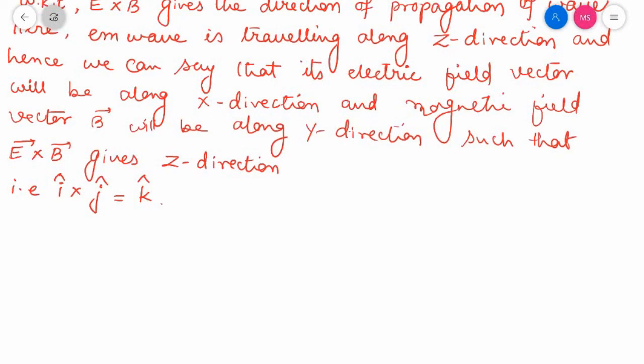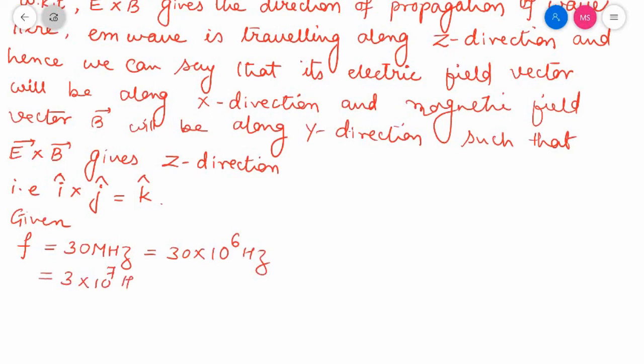Also, in this example, it is given that frequency of wave is 30 megahertz. So that is 30 into 10 raised to power 6 hertz, or you can say that this is 3 into 10 raised to 7 hertz. We have to calculate wavelength.